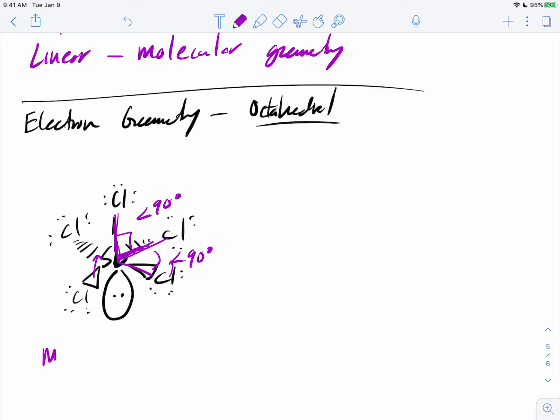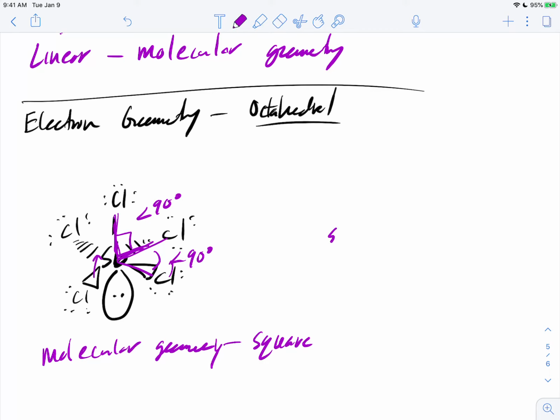The molecular geometry here is square planar. Square planar. Okay. And then we have, oh, sorry, not square planar. Just kidding. It makes a pyramid. So let me just draw this.